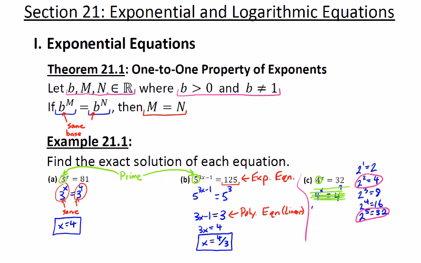So this is going to rewrite as 2 to the second power raised to the x equals 2 to the fifth. And on the left-hand side, that's a situation where the exponents are supposed to multiply, so we would just call that exponent 2x. And since we have the same base on the left and the right, I can just set the exponents equal. 2x is equal to 5, and then therefore x is equal to 5 halves.